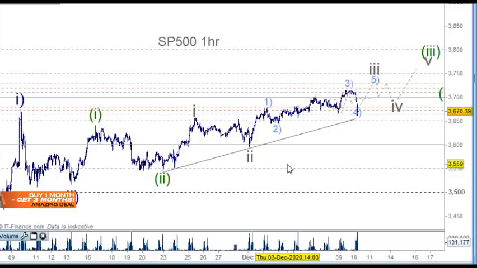Now, the thing with this is that all the way along here, it wasn't behaving like a third of the third of the third in terms of Elliott structures that would be really strong. So that was raising a flag, but we continued with it anyway because the Nasdaq was looking okay. But the Nasdaq has now corrected, so we're going to have to change this count into something more appropriate at this stage.